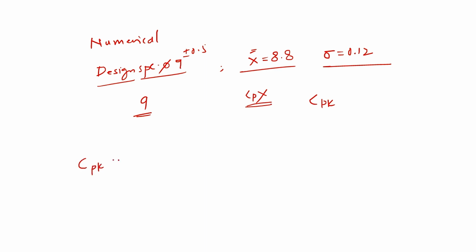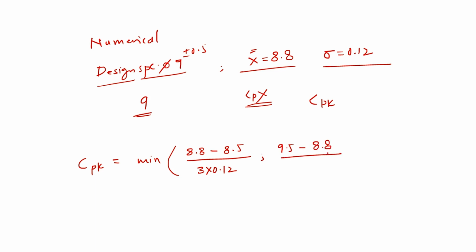So the Cpk formula we know: minimum of x double bar, that means 8.8, minus the lower specification limit, that is 8.5, divided by 3 sigma, that is 3 into 0.12, comma, upper specification limit, that means 9.5, minus the process mean, that is 8.8, divided by again 3 sigma.